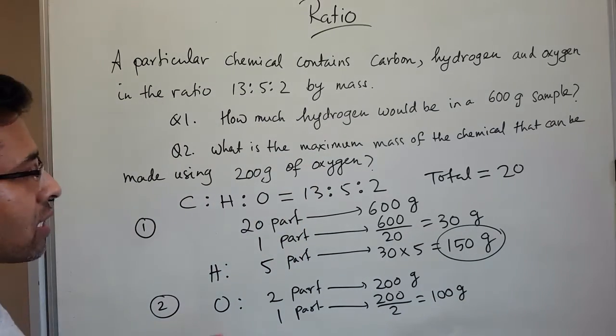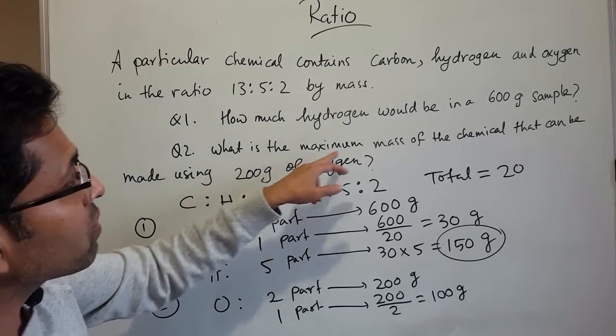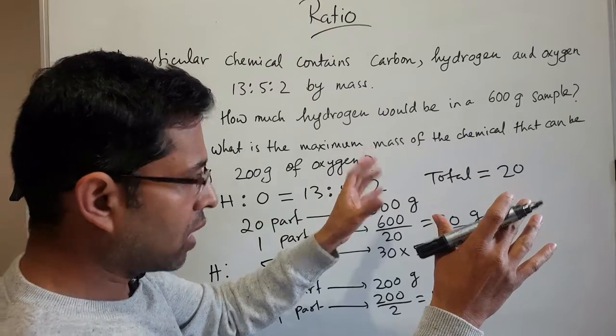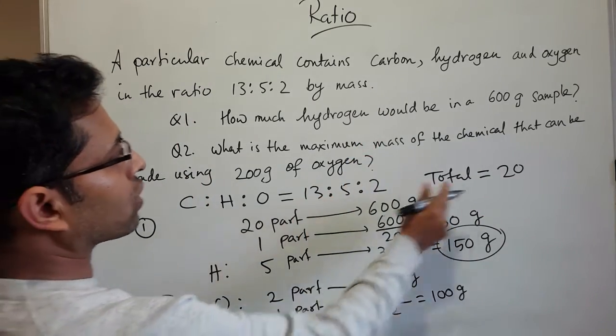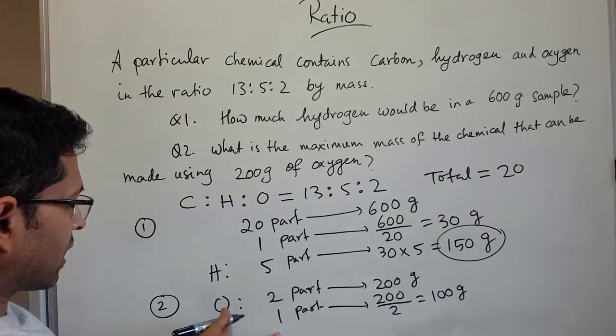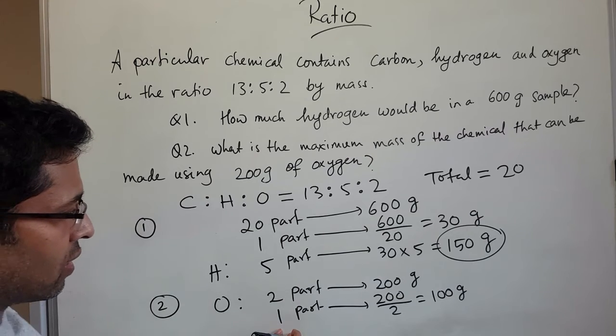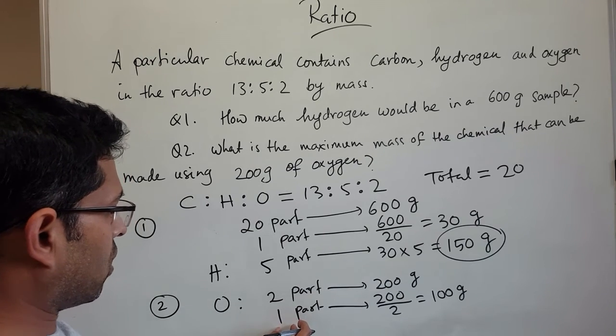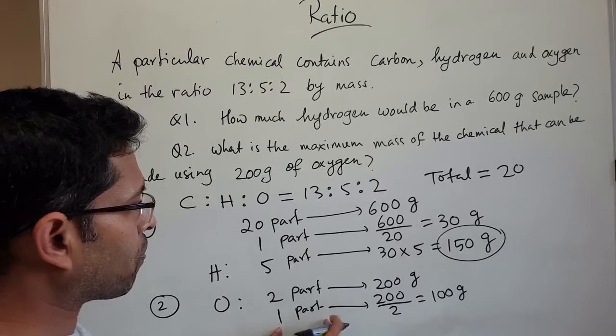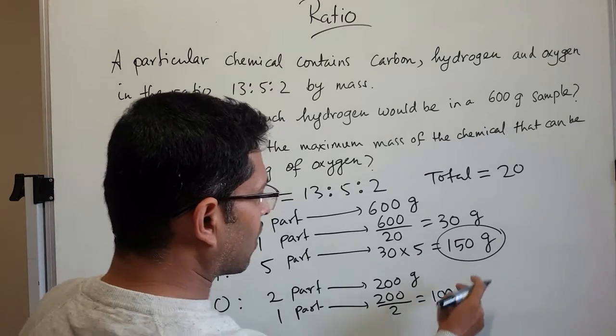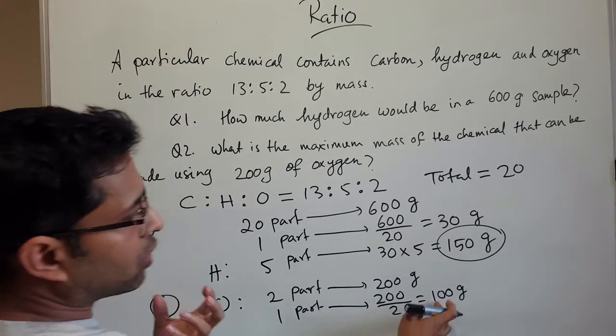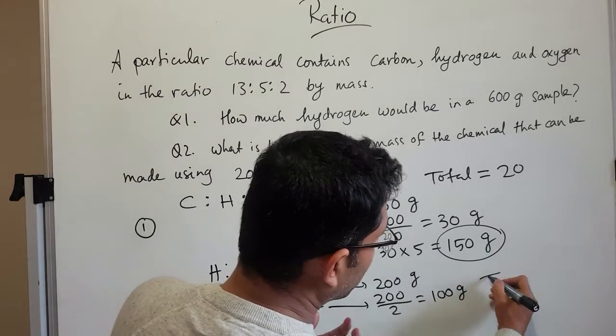Now the question is asking for the maximum mass of the whole chemical, and we know that its total is 20 parts. In this second case, oxygen is 2 parts, which is 200, so 1 part gives us the idea of each part. Each part is 100 gram, so what will the total be?